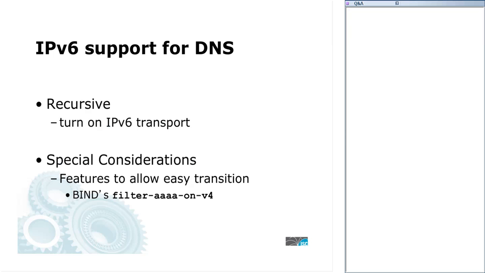This is an option that if an incoming query comes in over IPv4 transport, asking for an IPv6 address record, Bind can actually be configured to lie in response and say, no, there is no Quad A record, assuming that since this query came in over IPv4, there would be no ability for that end customer to actually get to the IPv6 service, so we lie in response, and that is an option.